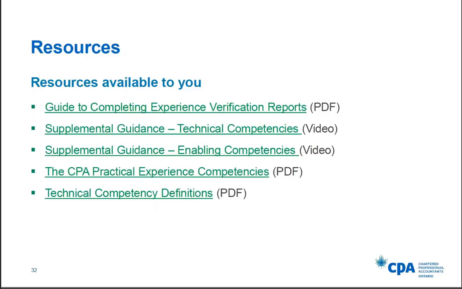When students submit their completion assessment and they self-assess themselves, the reviewer will go in, they'll look at the documentation. In terms of the enabling competency, your documentation will be compared to the enabling competency grid to see if you have met all the requirements for a level 2 response.